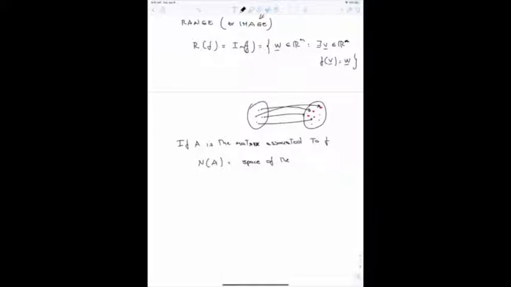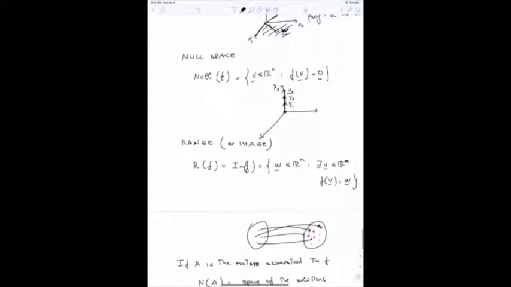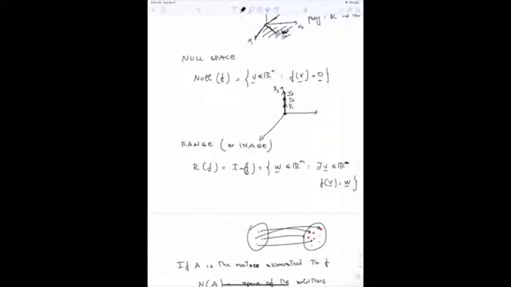Well, before I write it down, let's see what the null space of F would be. So A is the matrix associated to F, right? So the null space of F is the vectors in Rn such that f of v is equal to 0.